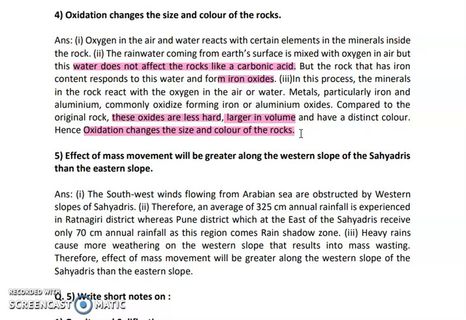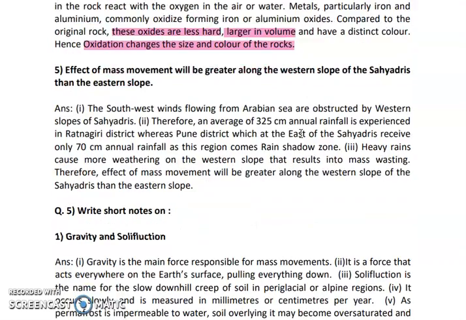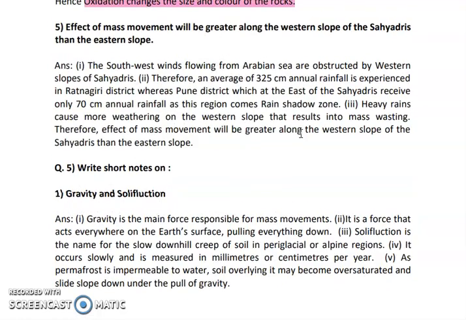If you see aluminium oxide, even aluminium oxides are generated when they are exposed to the outside environment. So after oxidation, the color gets converted into yellow, and the iron's color gets converted into reddish rust color. Okay, let us move further with question number 5, that is effects of mass wasting.